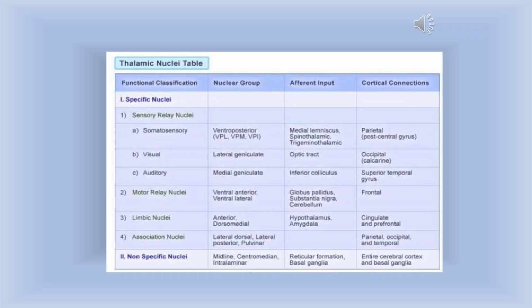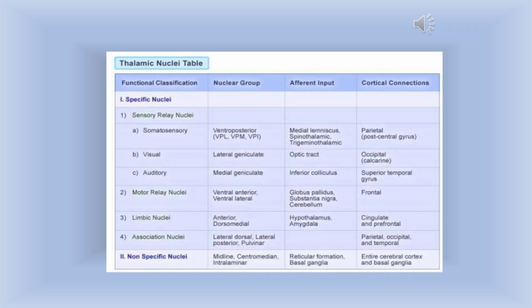Well, the afferent input listed there, the globus pallidus, that was one of our basal nuclei. The substantia nigra. I mentioned earlier that the substantia nigra produces dopamine. Without dopamine, a person loses the ability to move their skeletal muscles. The cerebellum. The cerebellum is the principal coordinator of movements.